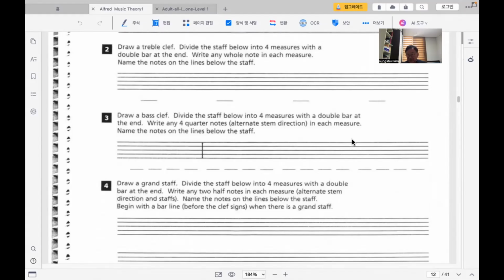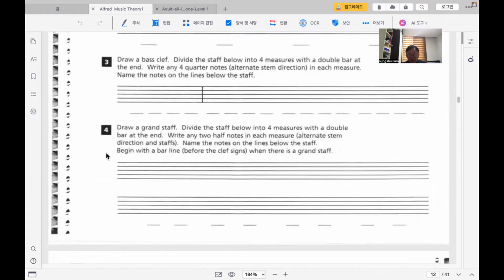You can do it. Any four quarter notes are okay: C, A, G, E. Two below the third line, two above the third line.